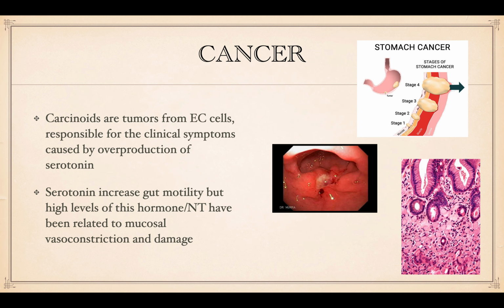Okay, cancer. So carcinoids are going to be tumors from the epithelial cells, and those are really responsible for the overproduction of serotonin, and the serotonin will increase the gut motility, but it will increase it too much and lead to mucosal vasoconstriction, or over-constriction and damage.